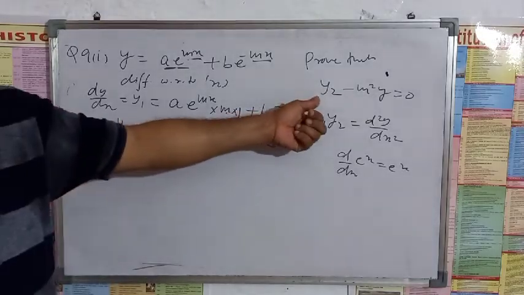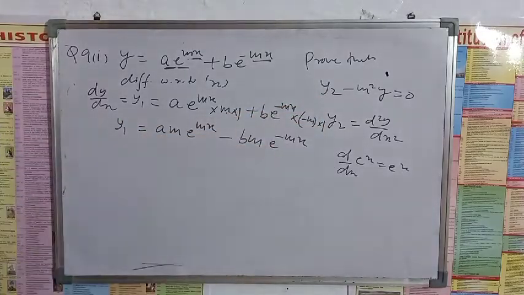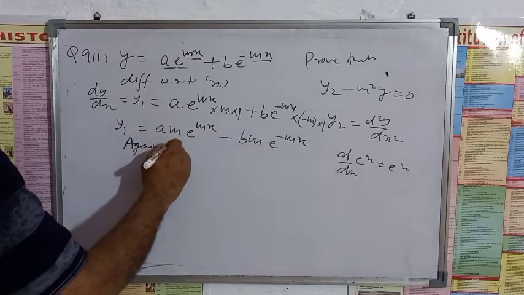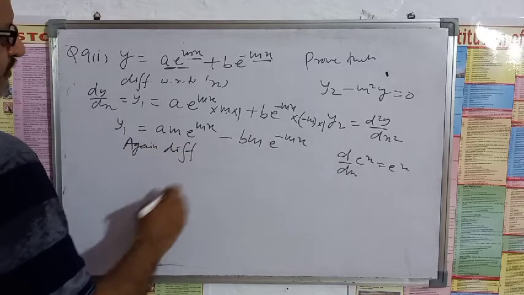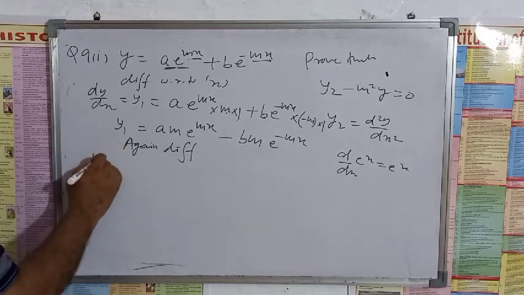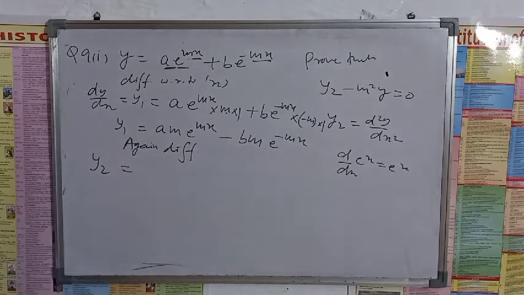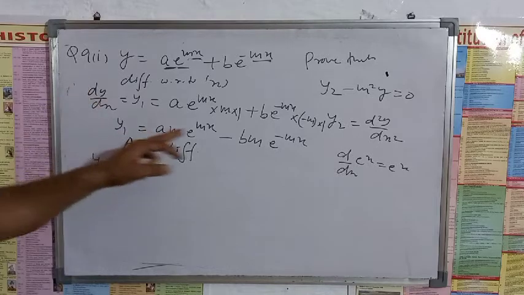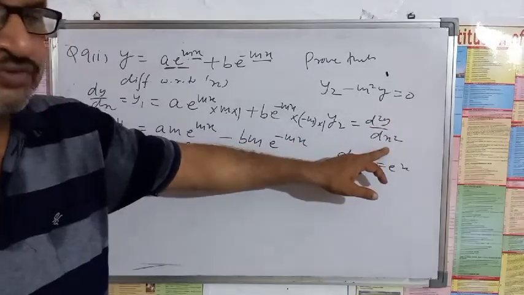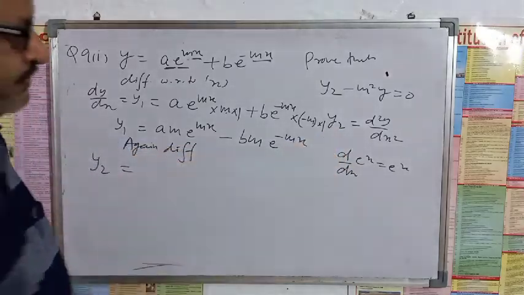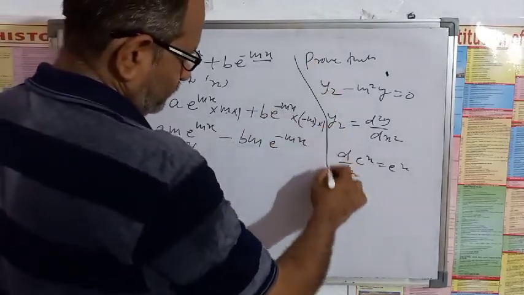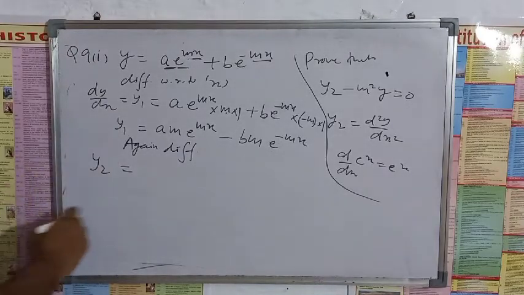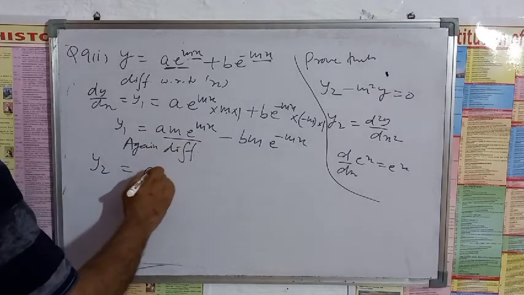We have to find y2. y2 means again differentiate. When we differentiate y1, dy by dx, we can write d2y by dx square. It is also represented as y2. So derivative of y1 is y2. Now differentiate this one.